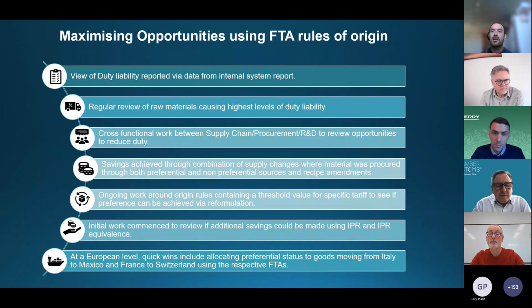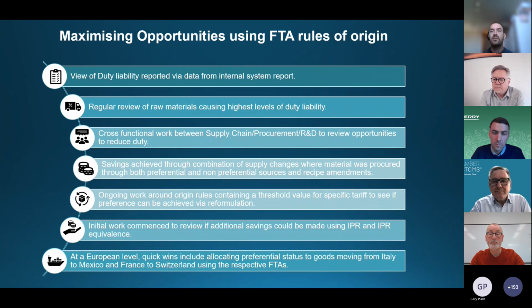Whereas it's fairly easy to get a view of the duty you're paying on import of raw materials, it's slightly harder to work out, okay, these raw materials are not preferential, they're going into your finished goods. How much duty is that causing as a knock-on effect?